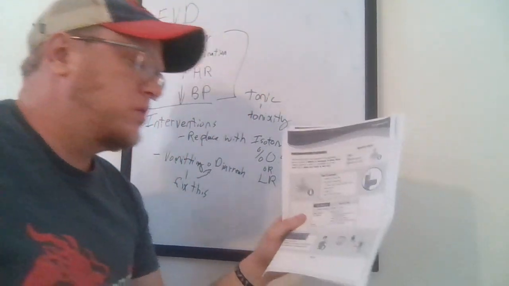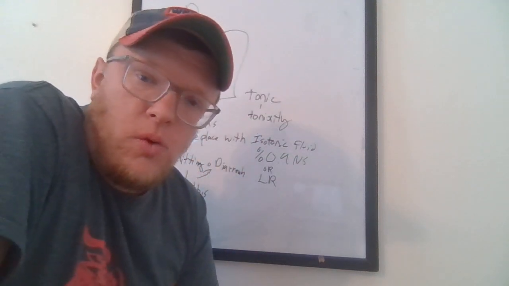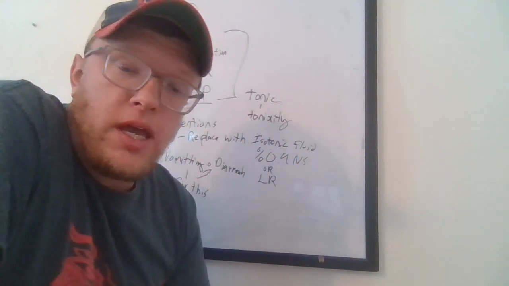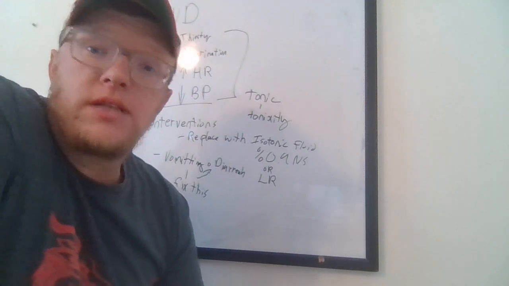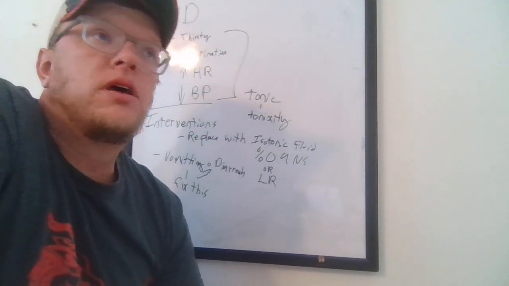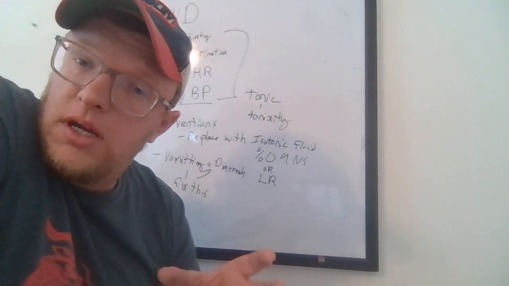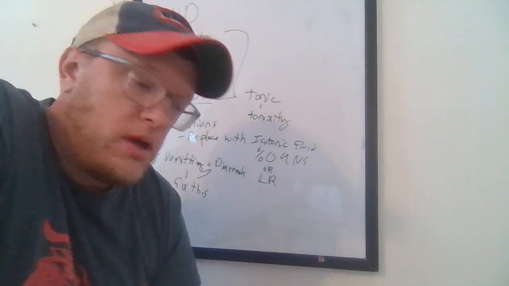DKA, diabetic ketoacidosis. We won't really talk about that either. That's when your blood sugar gets so high and your body doesn't have any insulin. Well, you haven't even talked about diabetes yet, so it doesn't make sense. It's a condition that we won't talk about till probably another semester or two from now.